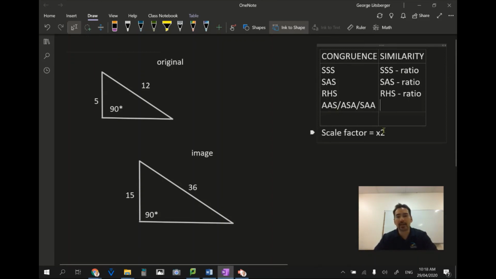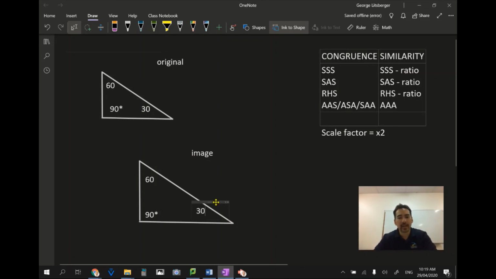Okay, finally, the fourth rule for similarity is actually not the AAS rule. It's actually AAA. All right, let me explain that one. Let's say that these two triangles have a 90-degree angle each, and they each have 60 degrees. Well, then it's safe to say that the third angle would have to be 30 degrees. We can solve that using arithmetic.